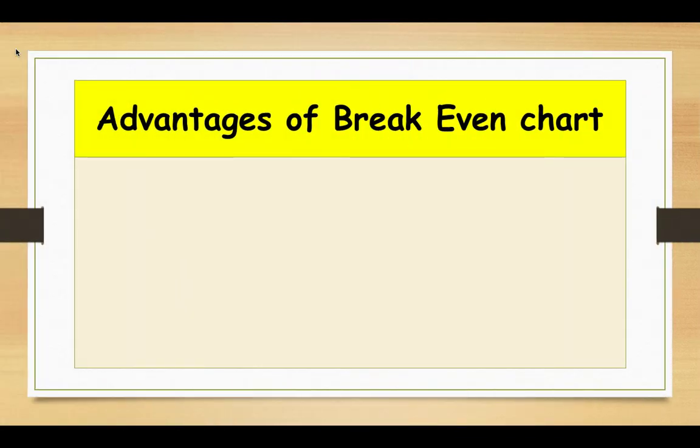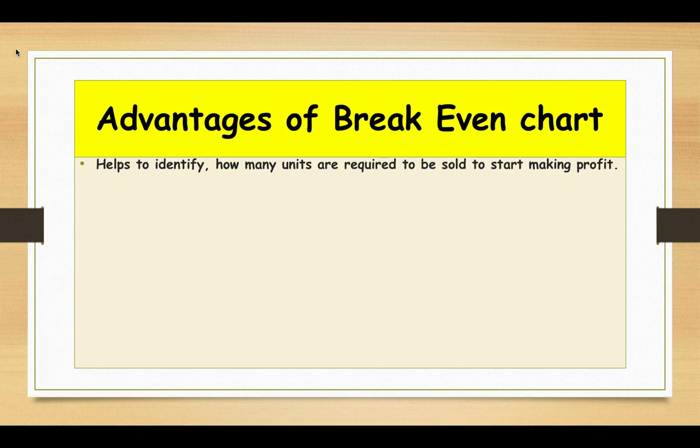So we are going to see the advantages of break-even chart. So the break-even chart helps to identify how many units are required to be sold to start making profit. So this means it will help to identify what output or sales is required to achieve the break-even point, and thereafter the profit.